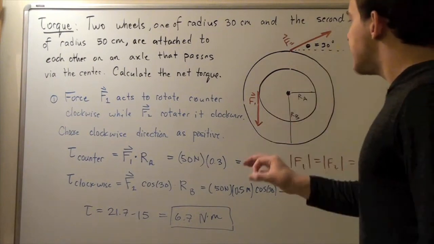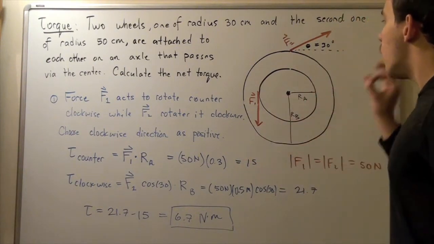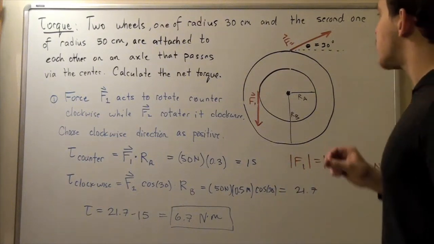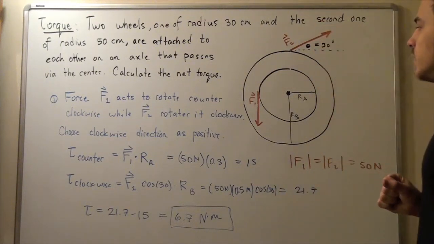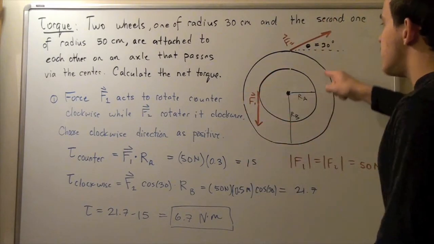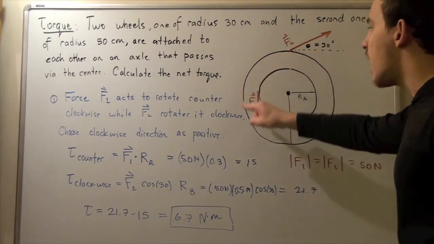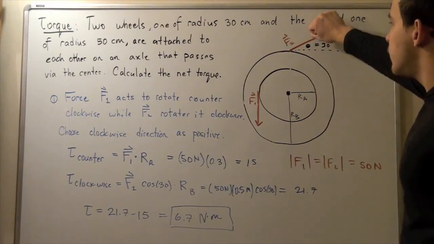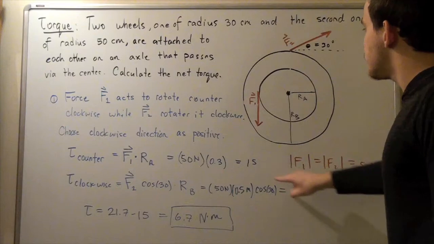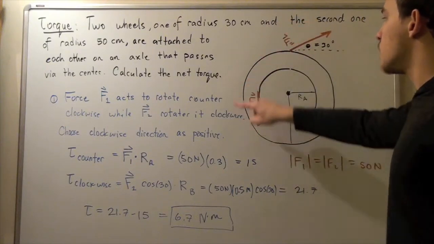Let's begin by first figuring out which direction each force pulls our wheel. If we pull on this force, we see our wheel rotates in this direction, counterclockwise. Likewise, if we pull on this wheel, we see that this force corresponds to a clockwise rotation.